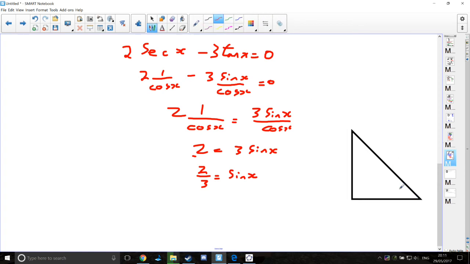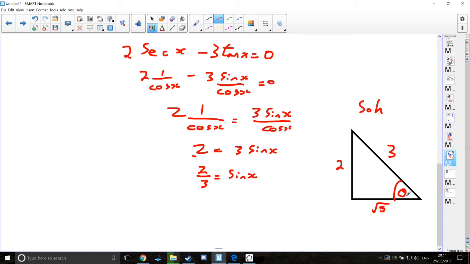If sine x is 2/3, then looking at a triangle, SOHCAHTOA, opposite over hypotenuse. So the opposite is 2, the hypotenuse is 3. This part here, well, 3 squared minus 2 squared is 5, so this must be root 5 down here. It's 9 take away 4 and rooted.